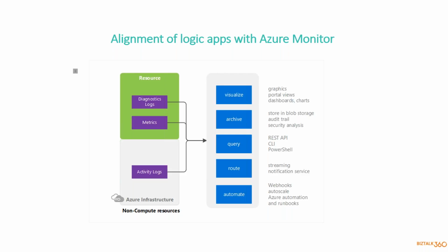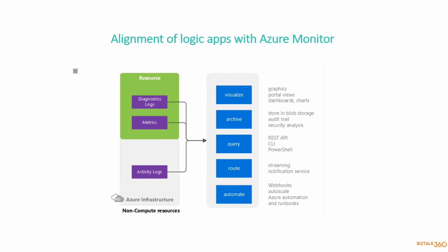You can clearly see we have activity logs, metrics, and diagnostic logs. I don't want to spend a lot of time on this slide. I'll quickly move to the Azure portal and show you how we can see the data for activity logs, metrics, and diagnostic logs. Our main focus is still going to be the diagnostic logs, because that's where we can track our business data.